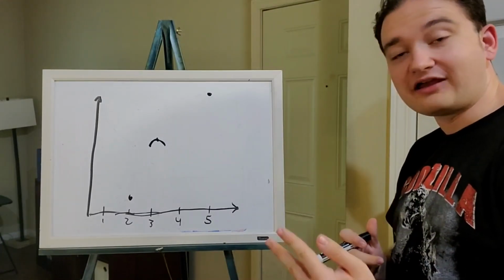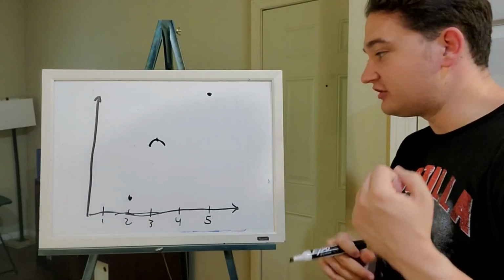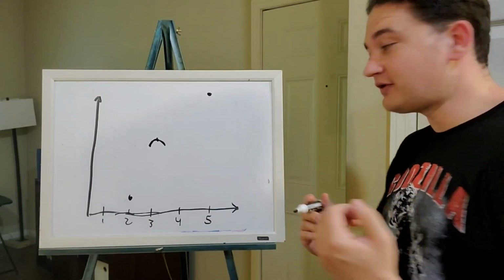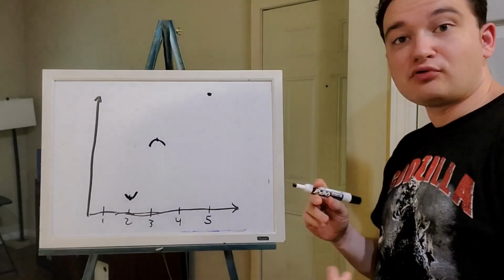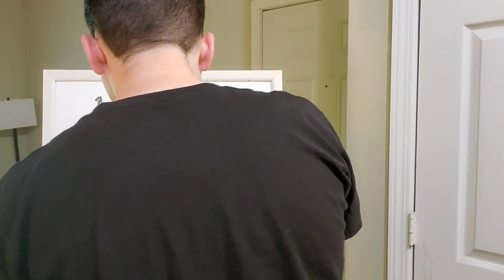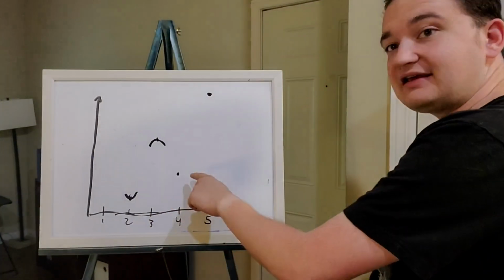Similarly, at 2 and 4, we're going to have local minima. They're going to be lower than the points around them. So we have 2, which is obviously going to be lower than the points around it. And then for the point at 4, we're going to have something that's not as low as 2, but is still lower than the other points around it.